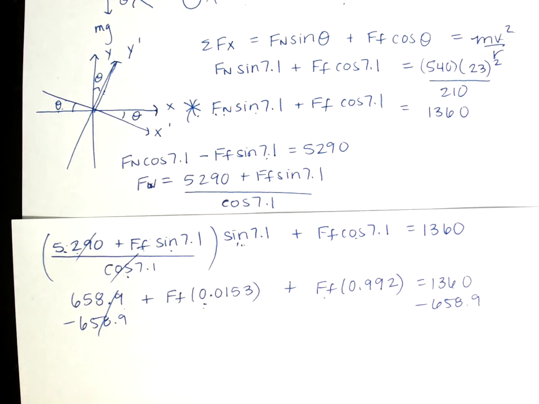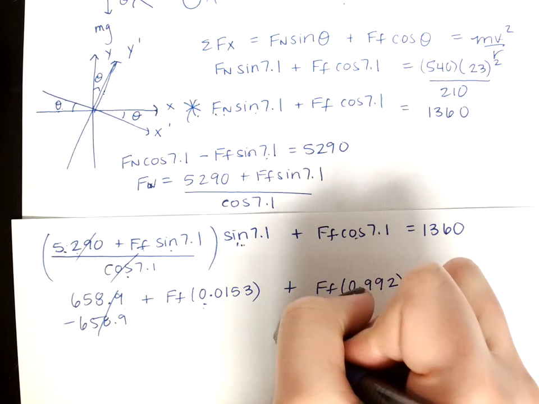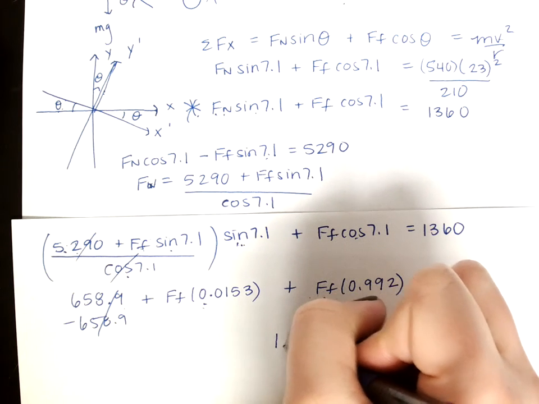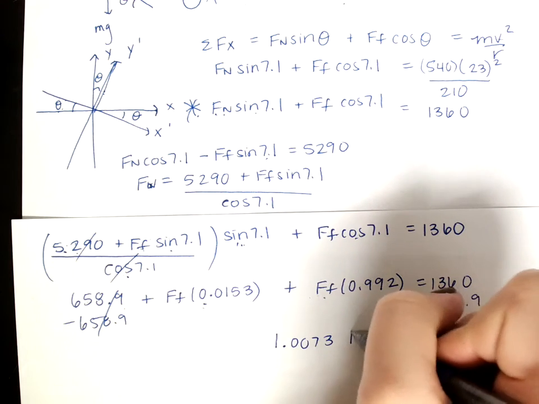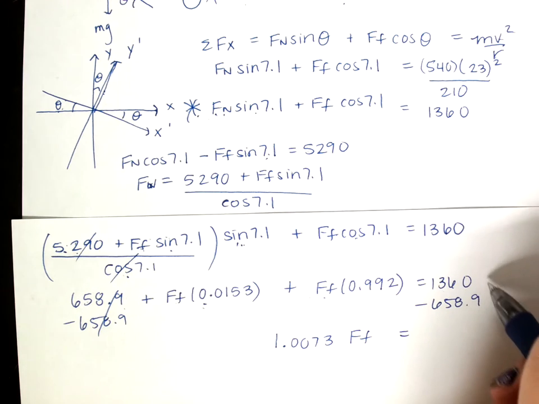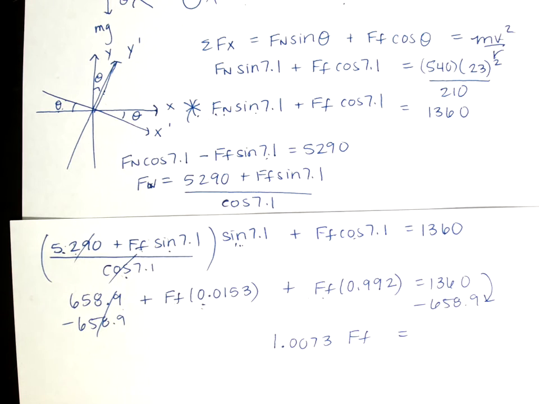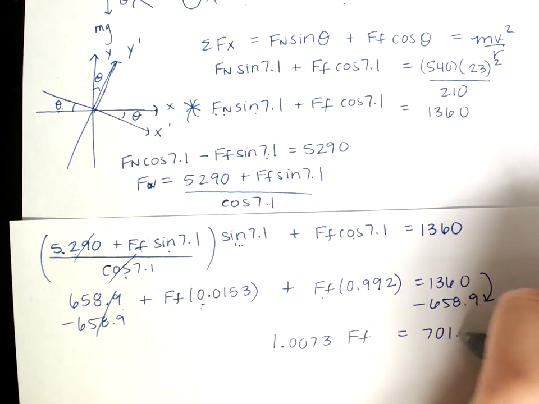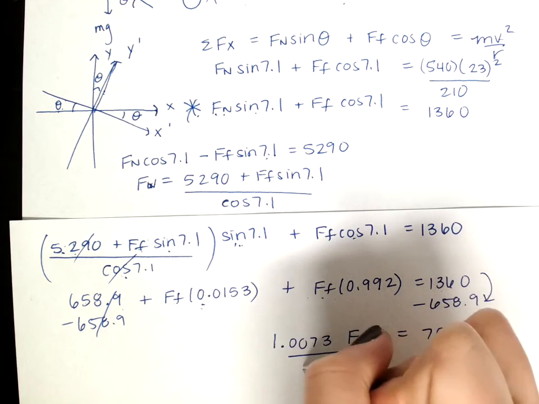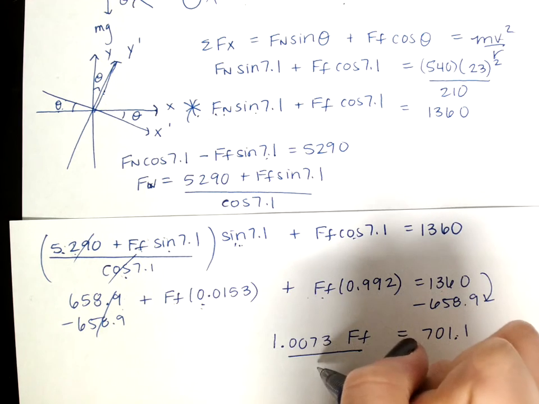So 0.0153 plus 0.992, and we get basically 1.0073 times force of friction, which equals, so let's subtract these two, 1,360 minus 658.9. Now if we divide over, let's just say it's basically 1.